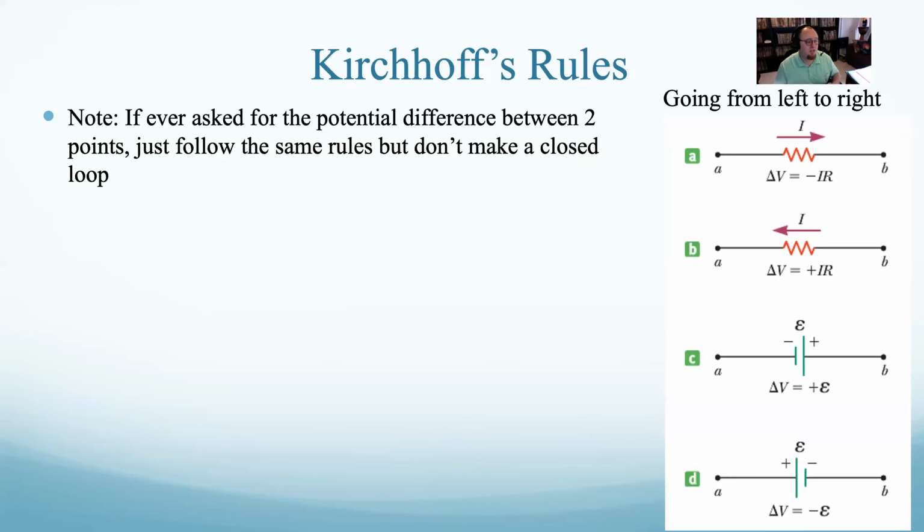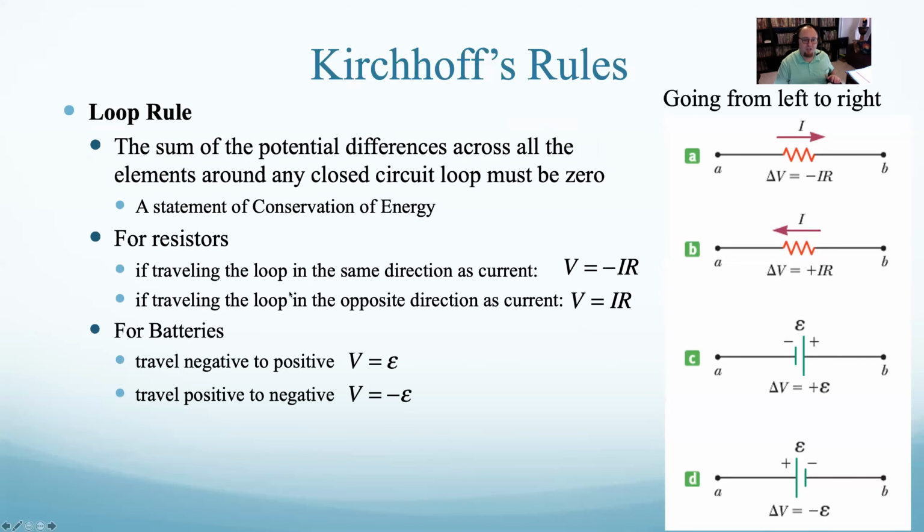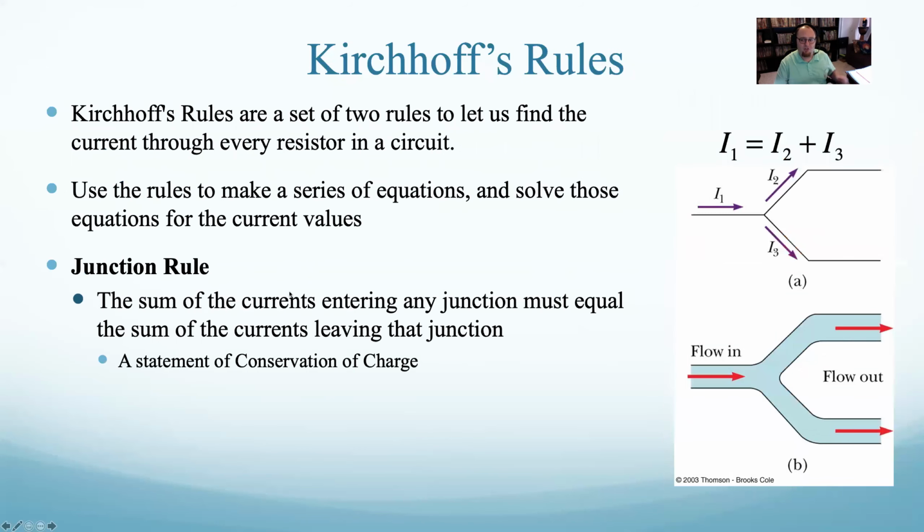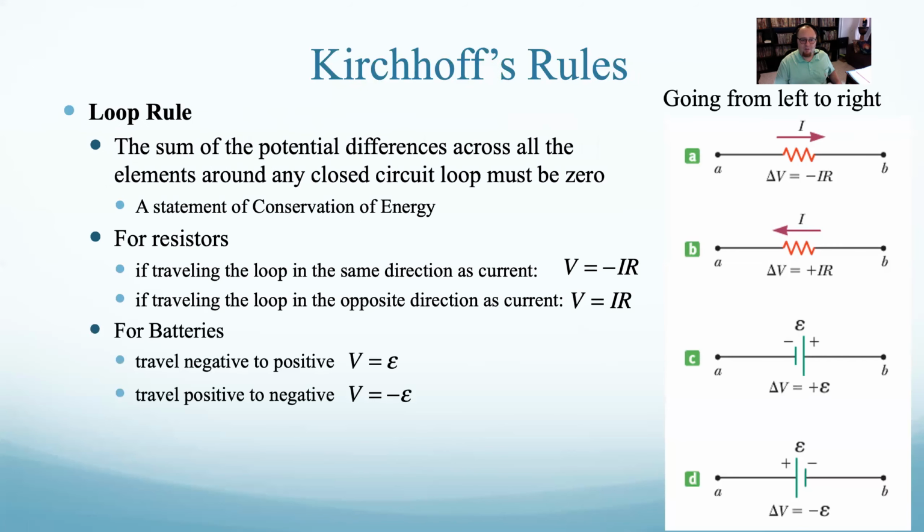But these are the Kirchhoff rules. What it's going to say is that in any junction, current in equals current out. And on any loop, the total potential is 0. What you do with the potential when you pass each thing will depend on which direction you're going and if it's a battery or a resistor.